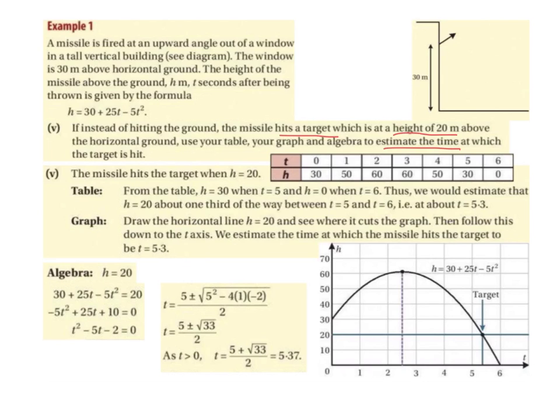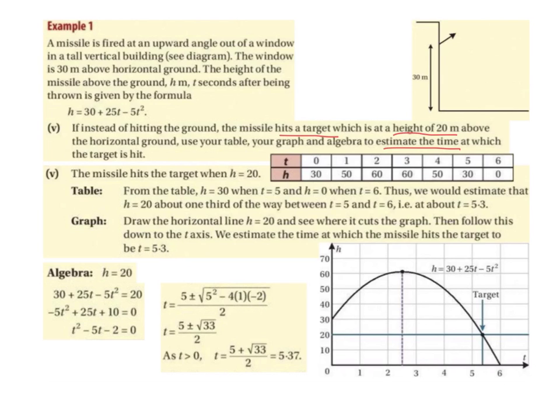And then by algebra, h is equal to 20, so we let our formula equal 20. So we just swap that h for 20. What we're going to do is bring the 20 over to the other side, so we get minus 20, and 30 minus 20 is 10. So now we have minus 5t squared plus 25t plus 10 is equal to 0.